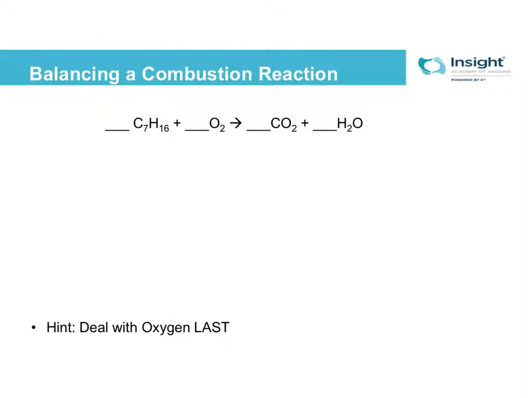All right. I wanted to go over balancing combustion reactions, just because these are a little trickier than the other ones, in the sense that you have to be really careful about the fact that you have oxygen in two different places in your products. All right, so when creating your table, you have carbon, hydrogen, and oxygen.